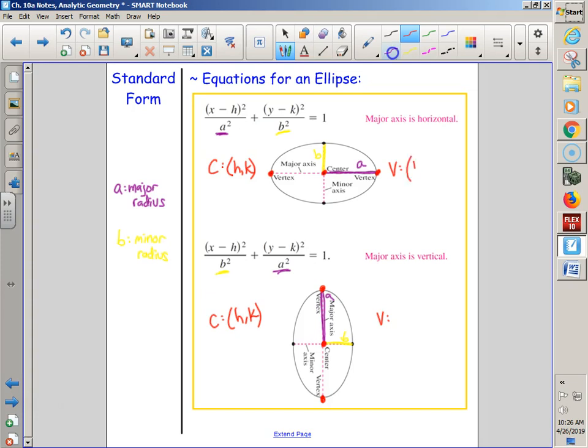And so we're going to take the H, add and subtract A, and keep the K. Maybe now you guys also know why I accidentally wrote plus A or minus A on the page before. But if the major axis is vertical, well then the H is going to stay the same and the K is going to add or subtract the A.